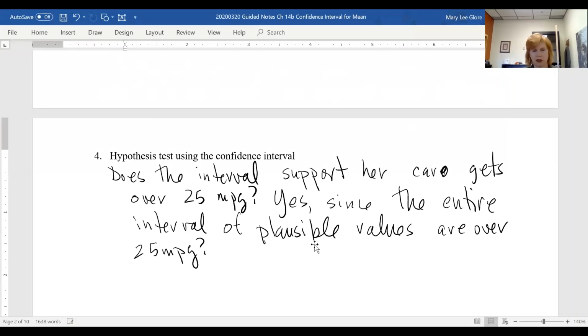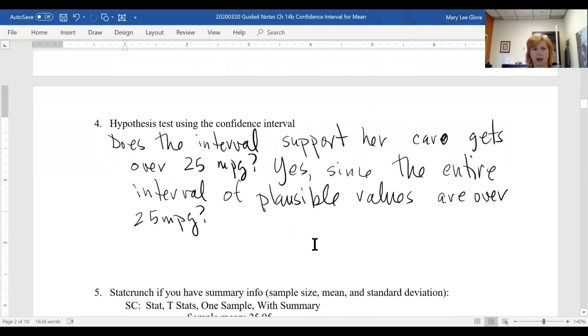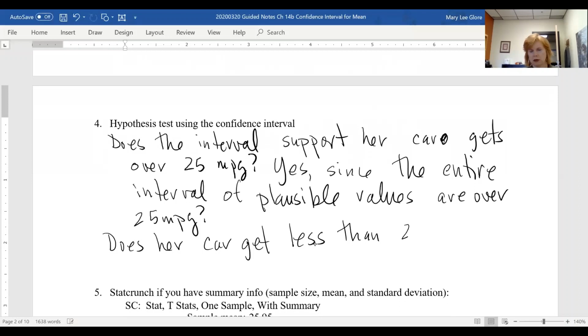All right, so since the whole interval is that way, then we know that. Well, what if I said, does this interval support, all right? So what if we said, does her car get less than 26 miles per gallon? It'll be a weird question to ask, but hey, all right.